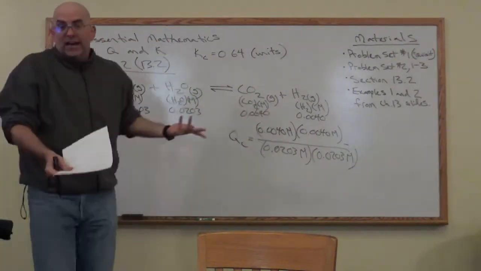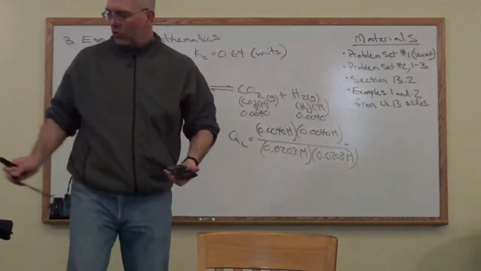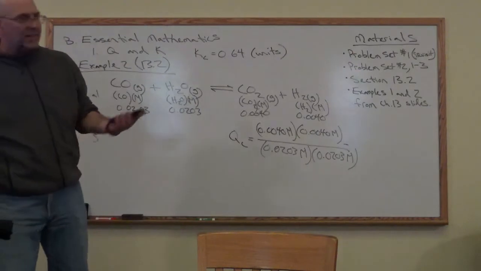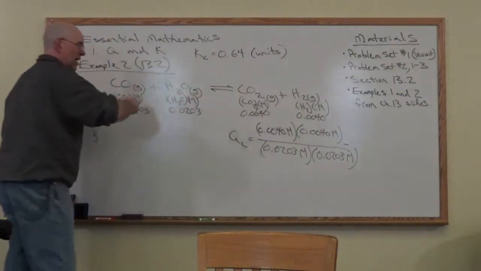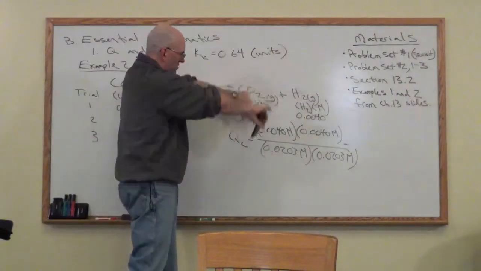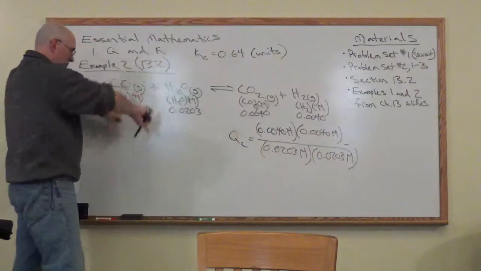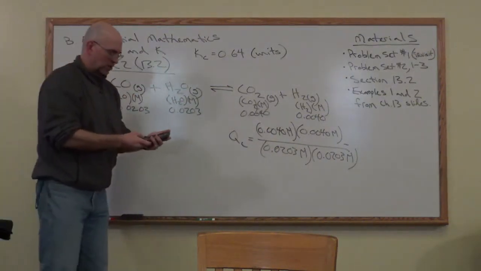Compare the two. Now I didn't do this, so I just need a second here to do this on my calculator to make sure that we got that. And then the idea is what has to happen to go to equilibrium? Does it have to go this way or this way? Do these pressures go up, or do these pressures go down? But we're given molarities here, so it doesn't really matter what we're talking about.